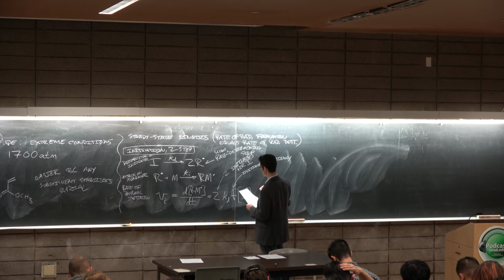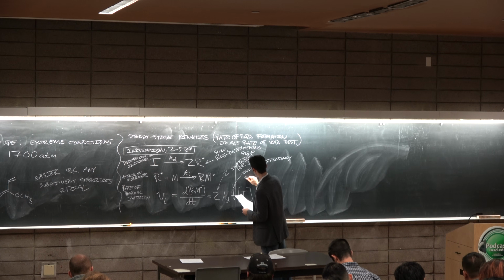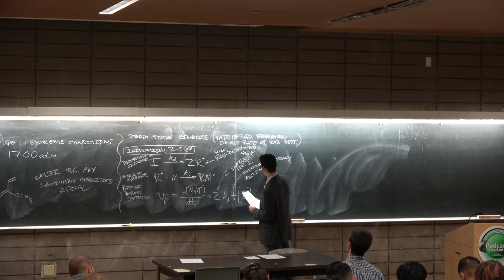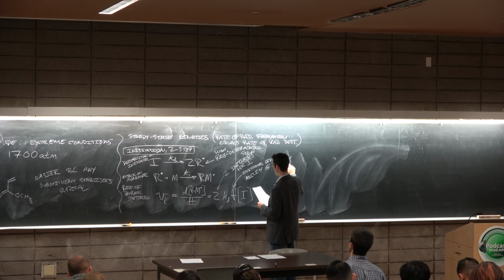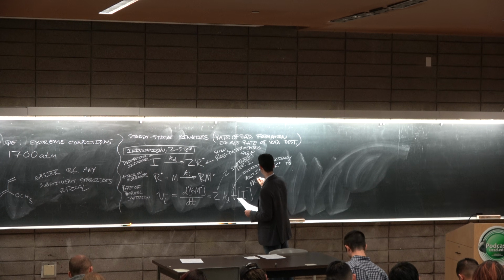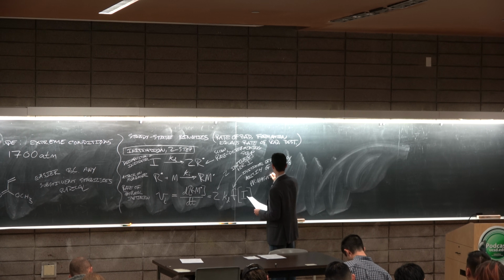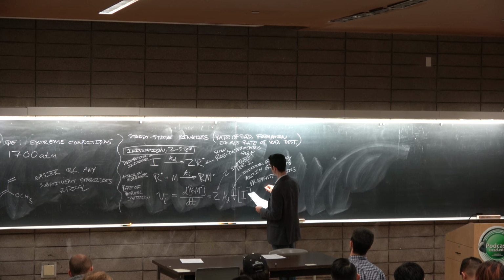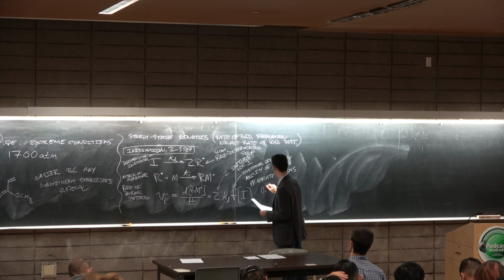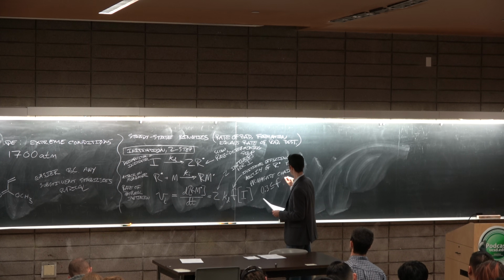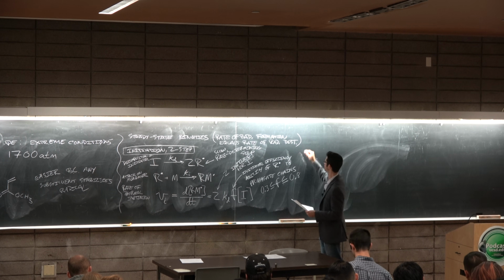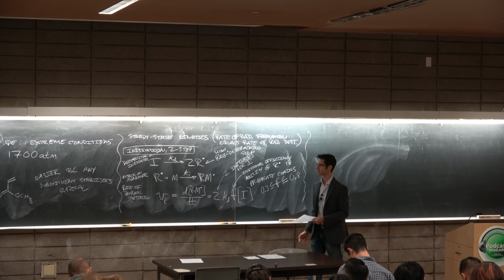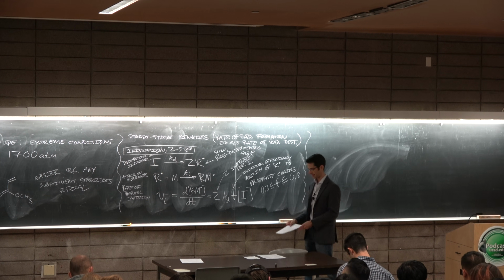The initiator efficiency is the ability of R dot to propagate chains and depending on the system, this is somewhere between 0.3 and 0.8. And it just depends on the idiosyncrasies of the system.